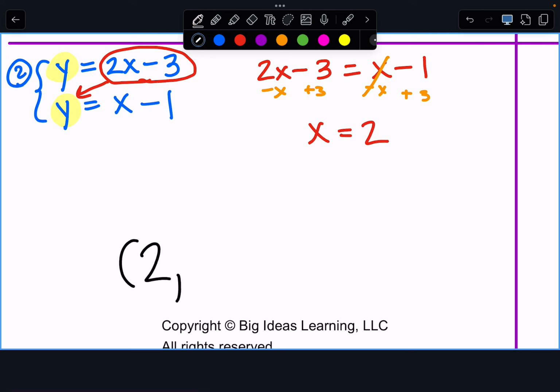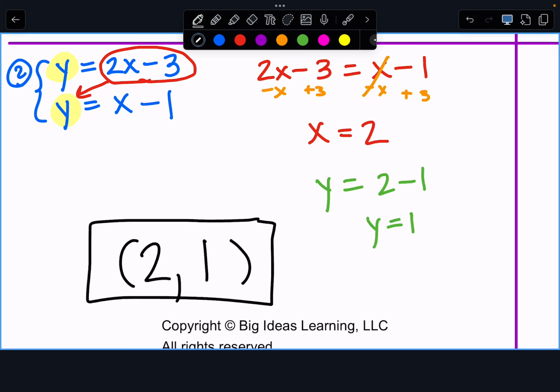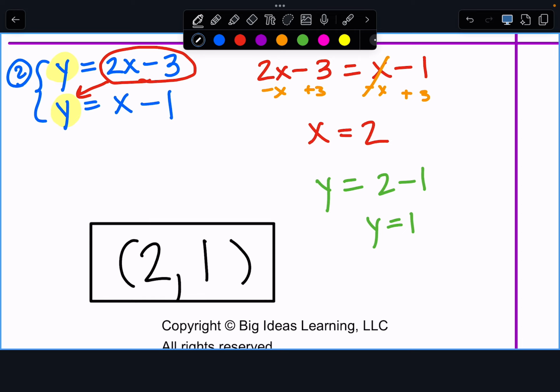Has anybody figured out why? Whether you plug it into here, 2 times 2 minus 3, or you plug it into here, 2 minus 1, y equals 2 minus 1, y equals 1. Okay. 2 comma 1.